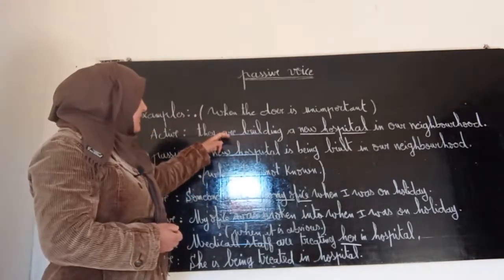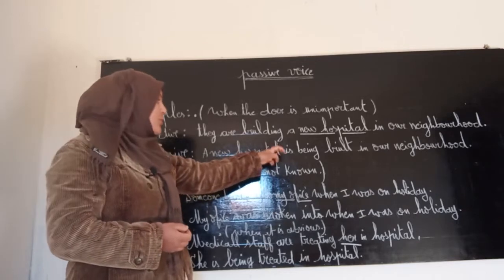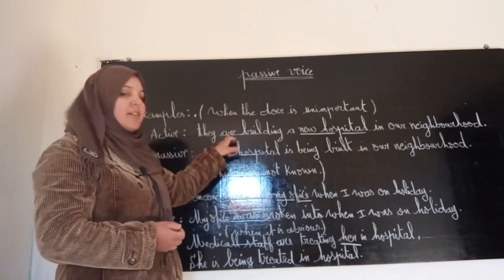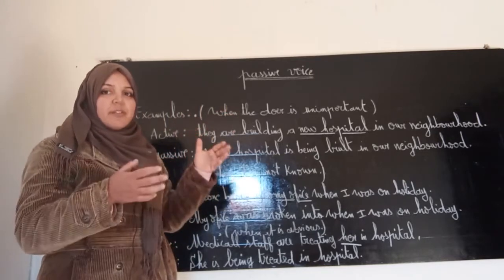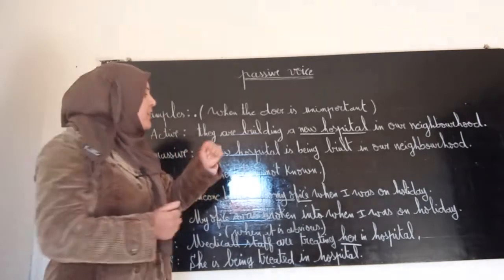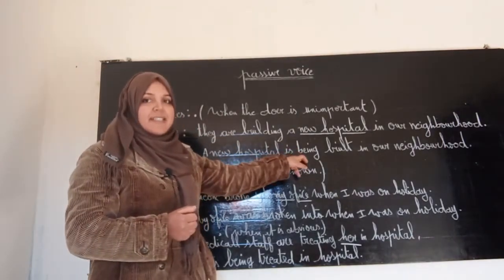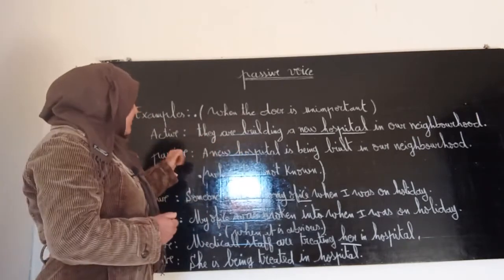Because we have a third person singular, a new hospital, we should use is, not are, okay? The form of the passive is be plus past participle of the verb. So be takes the ing form because it is in present continuous.